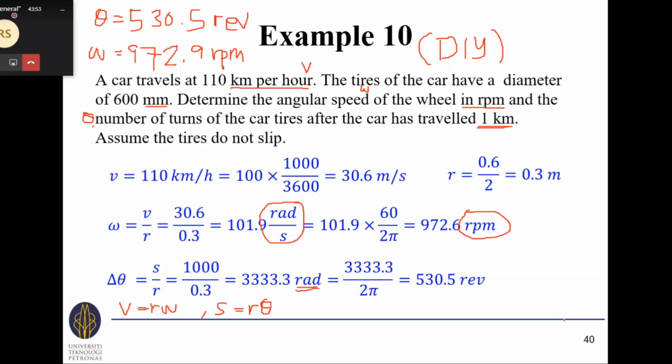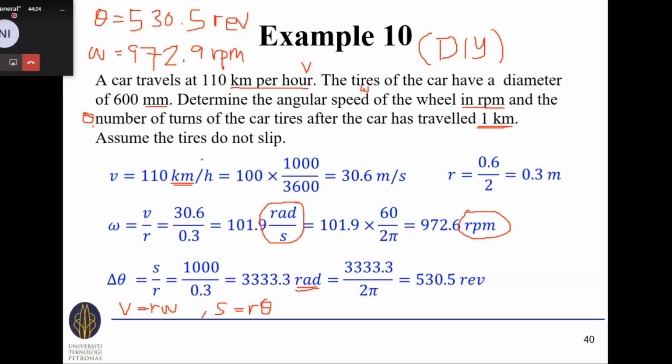Thank you for asking that question. The V is 110 kilometer per hour, right? What is 1000 divided by 3600? Because it's kilometer: 1 kilometer is 1000 meters, and 1 hour is 3,600 seconds.